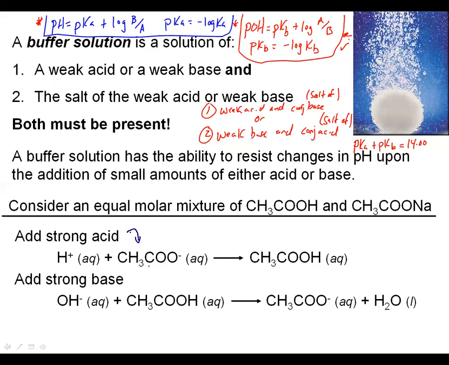It's going to react with the basic part of the buffer and produce the acidic part of the buffer. And on the bottom is where we add a strong base to the buffer. It's going to react with the acid part of the buffer and again make the base part. So that's why a buffer is able to maintain that pH over a long period of time, because in the process of reacting, it's essentially regenerating some parts of the buffer to begin with.